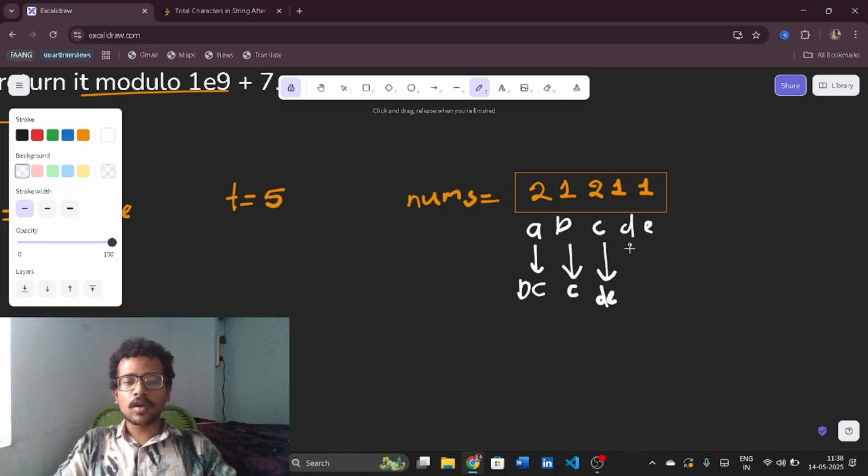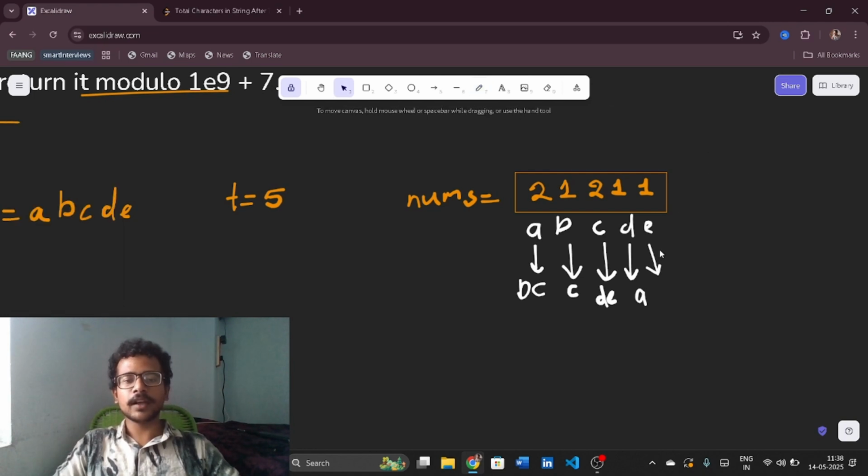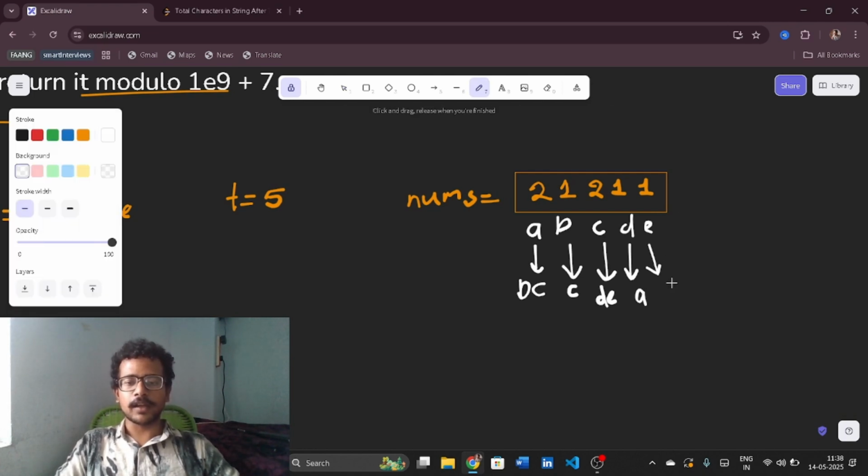Next, when I get D, I need to transform it to A. Now, if E, it's not F, I'm just considering 5 characters for now. I know that there are 26 alphabets in English, but I'm just wrapping around to A here, considering only 5 characters in the alphabet, that's it.